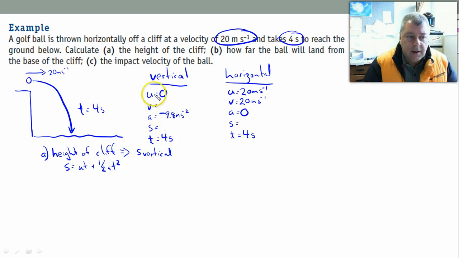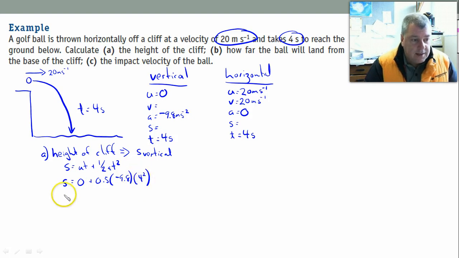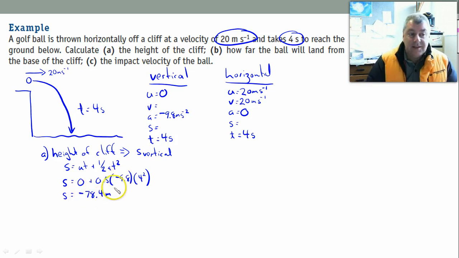Well, I looked at what we've got, and I looked at the equations of motion and worked out which one to use. So we put our numbers in. There we go, and t equals 4. Don't forget the square. Because we've put in a minus there, we get minus 78.4. That tells us that if this is our starting position, that's how far below it falls. So that's the height of the cliff. Done. That wasn't too hard.